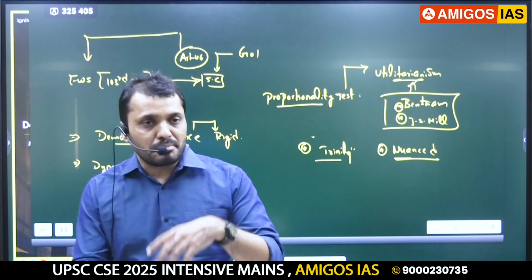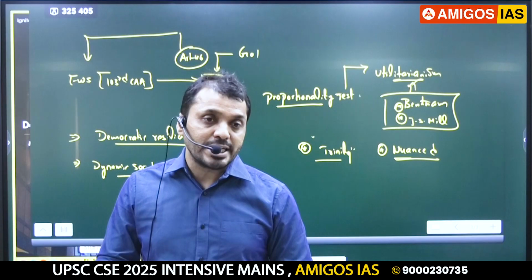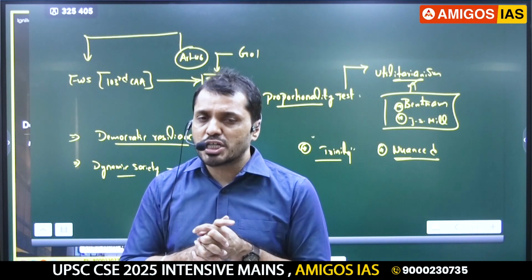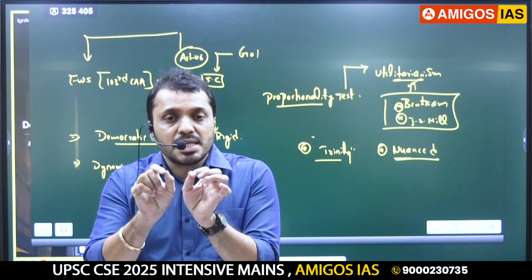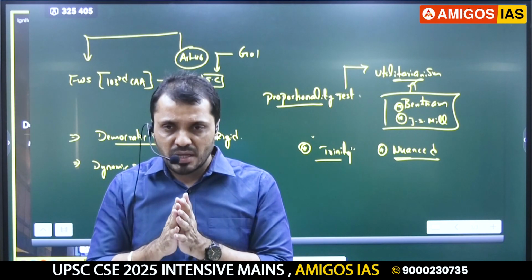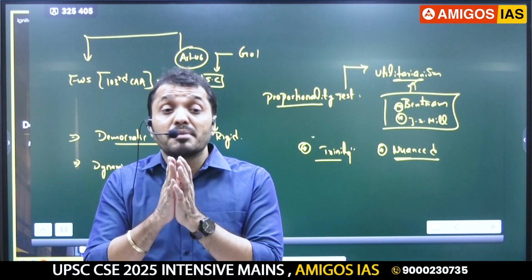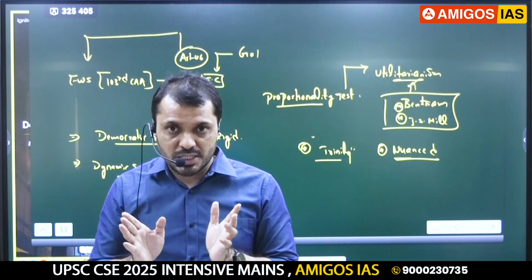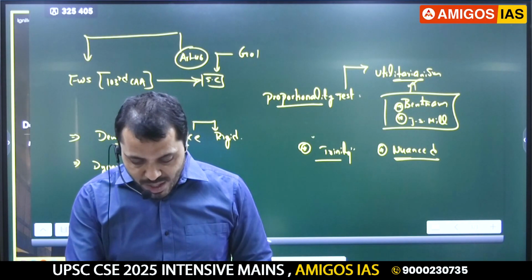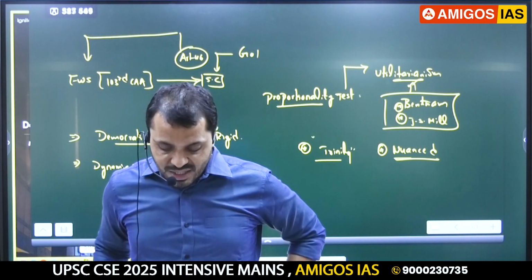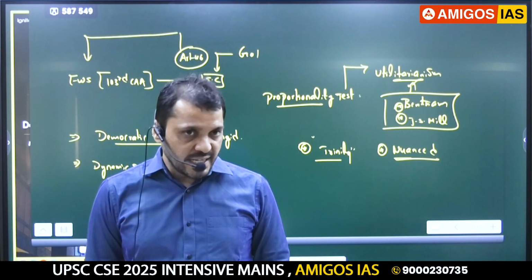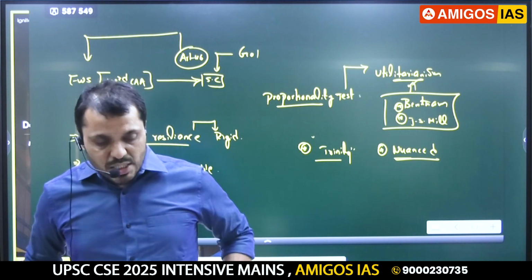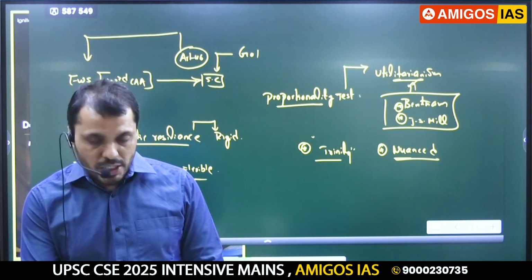We shifted mainly from formal equality to substantial equality. What is the difference between formal equality and substantial equality? Formal equality means giving for the sake of giving, but substantial equality means we are making sure that really deserving people are getting the benefit out of it. At the same time, we are trying to balance merit, needs, and social justice. So this is what your conclusion should include.